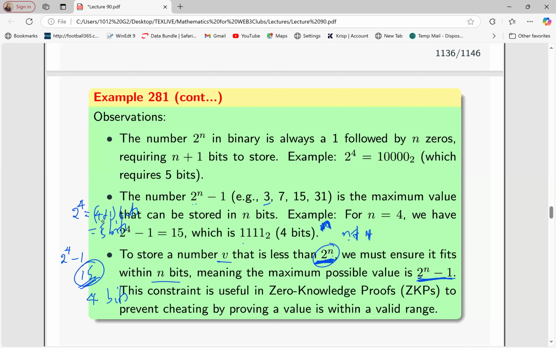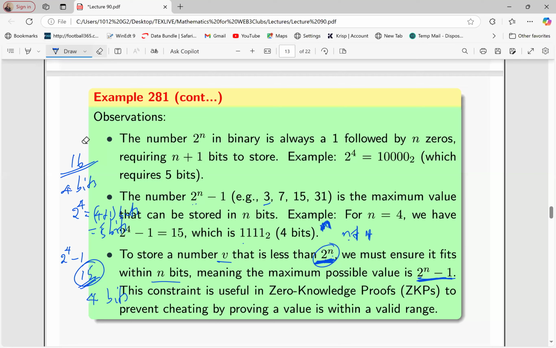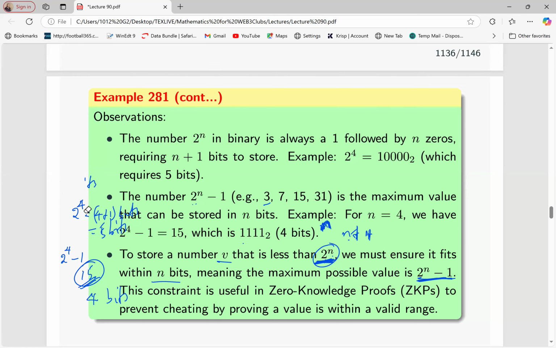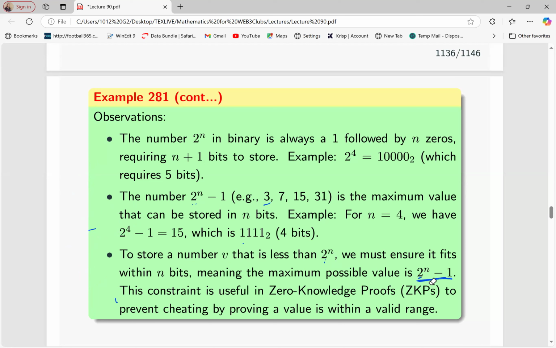If I know that X is supposed to be less than 16, then I'm expecting the value he claims to be X to be less than this. So the maximum that value can be is 4 bits. Once it goes beyond that, that is one reason I should doubt whether he knows what he claims to know. So we'll be using that in zero knowledge proof, just for that particular reason.